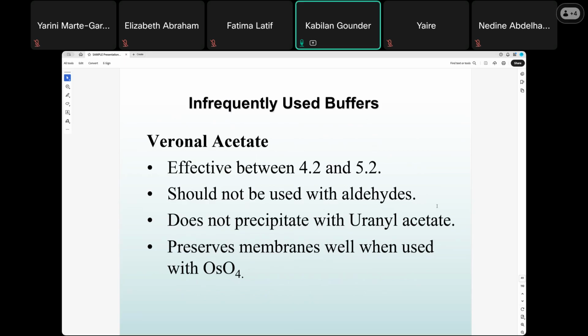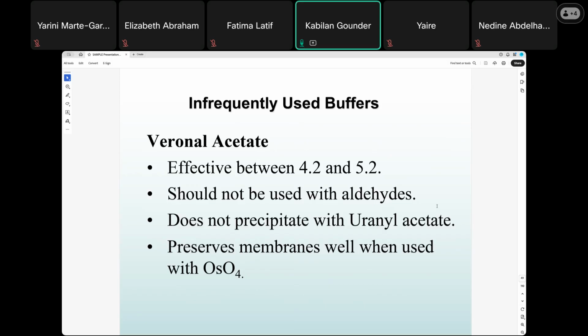Some buffers we infrequently use include veronal acetate. The effective buffering range is between 4.2 and 5.2. It should also not be used with aldehydes. Also, veronal acetate does not precipitate with uranyl acetate, and preserves well when you use osmium tetroxide.